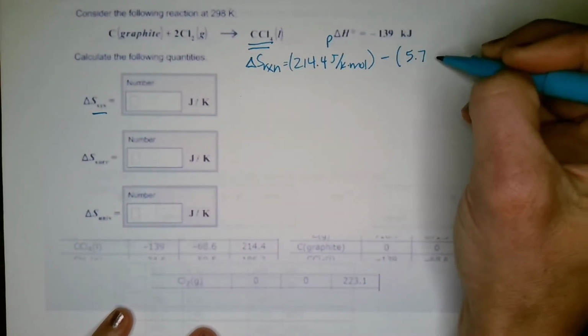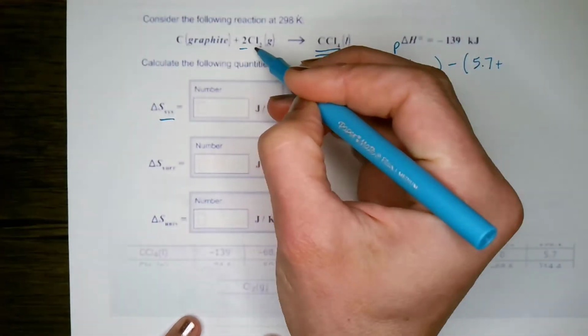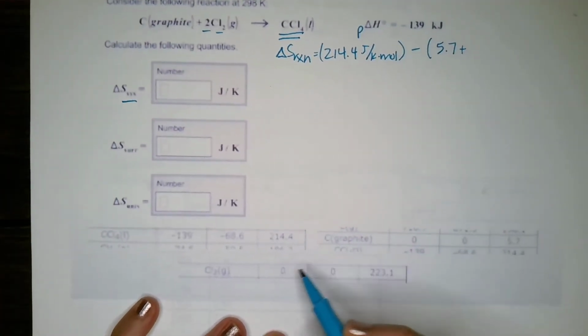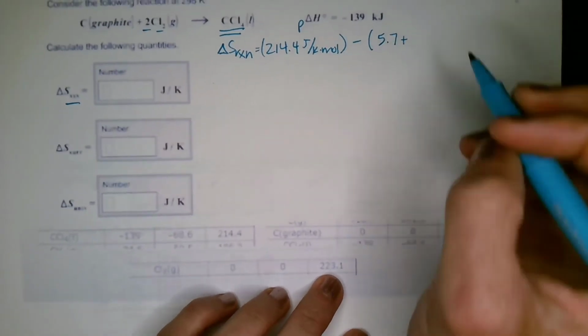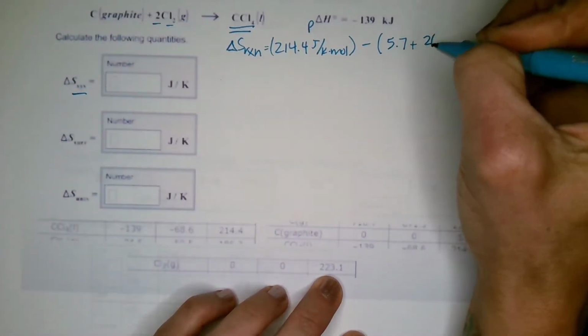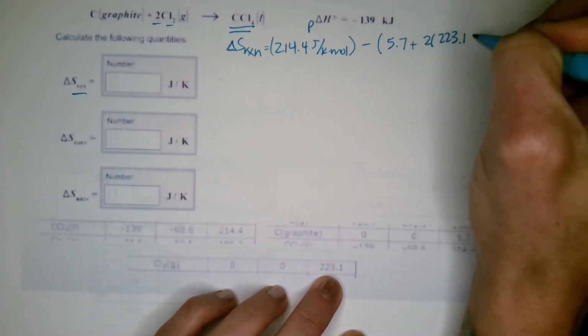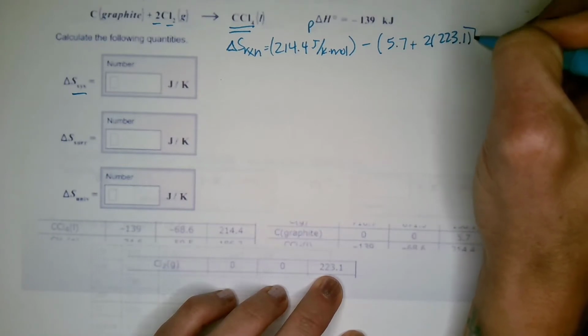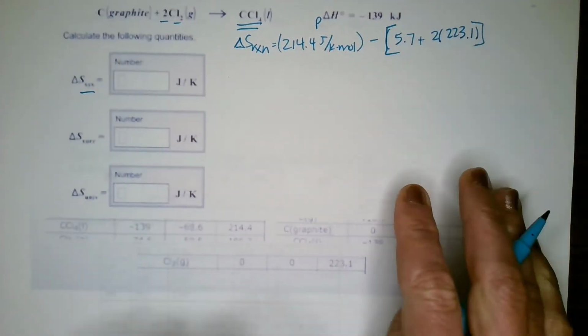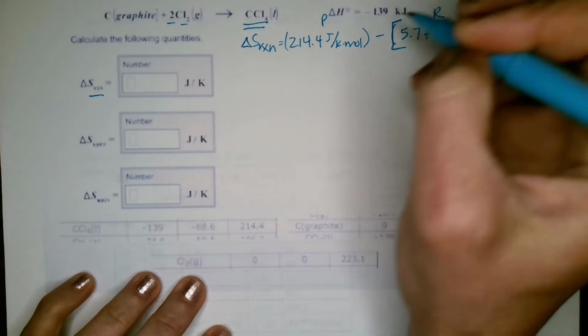Minus, I'm sorry, we got to add all of our reactants. We have 2 chlorines. Where is chlorine? Chlorine's right here. 2 times 223.1. All right, and this is our reactants.